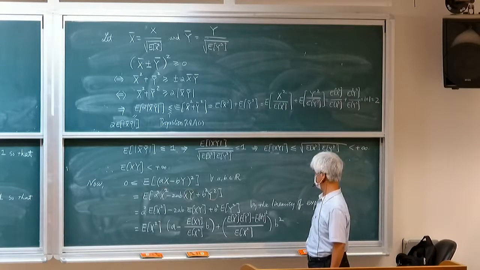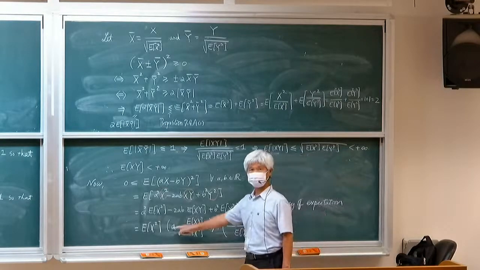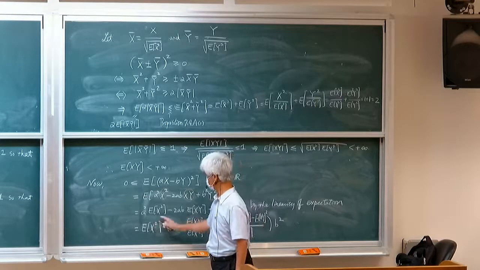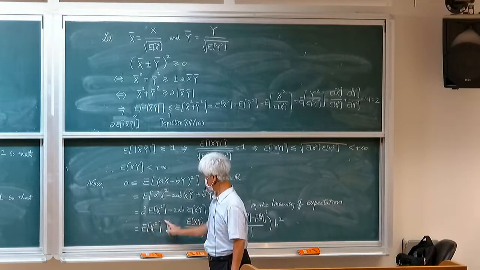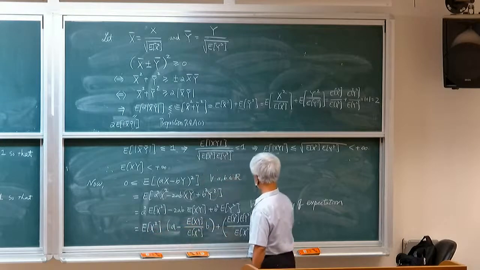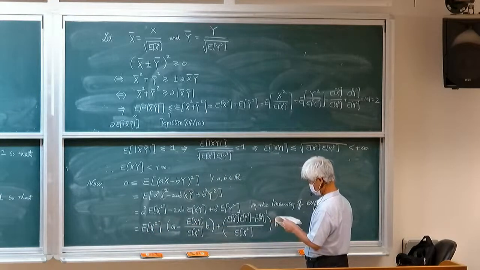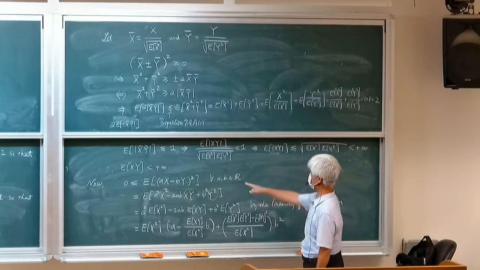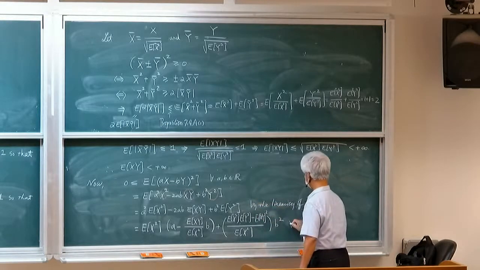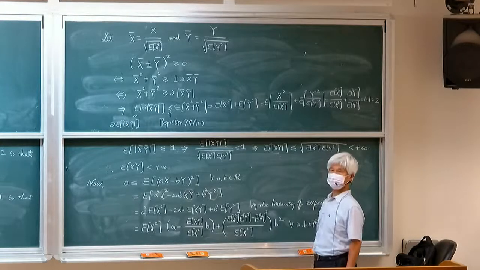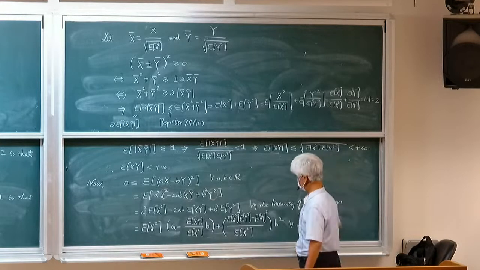Okay? This is by doing the perfect squaring. So you just take the factor out and give it this one. So this is good for all a, b in R.